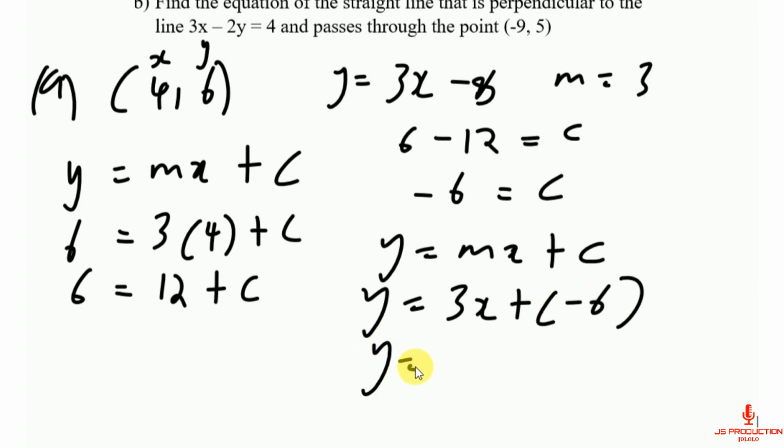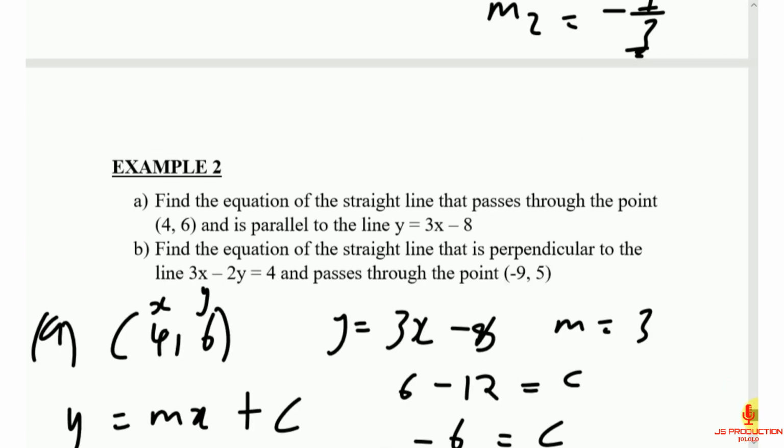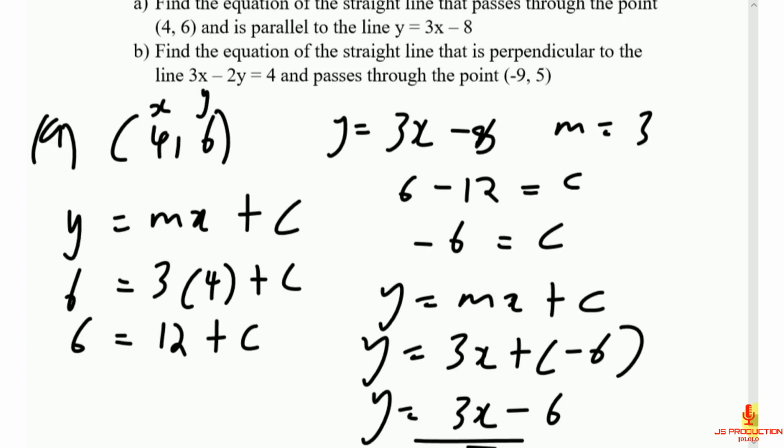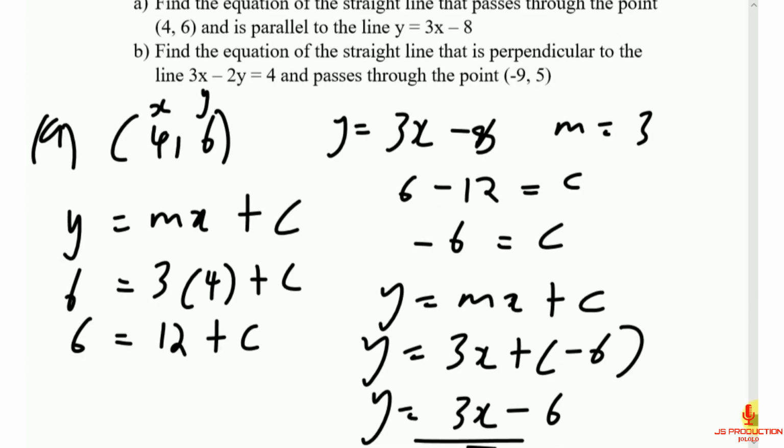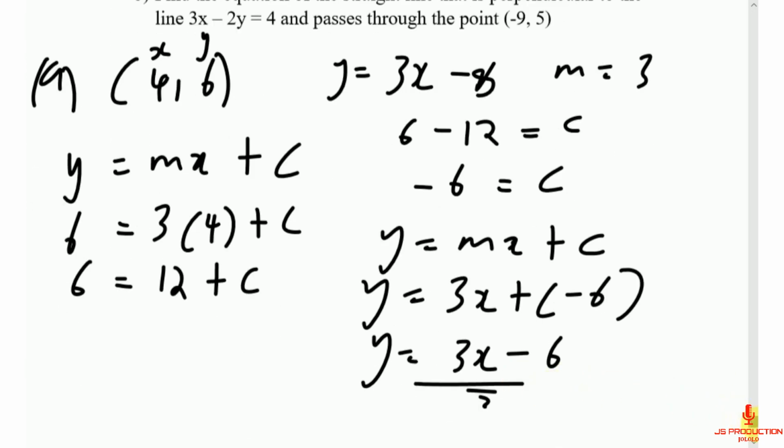So y is equal to 3x minus 6, since when we multiply positive and negative, we get negative. So our equation of the straight line will be y is equal to 3x minus 6. That's our first answer, A.